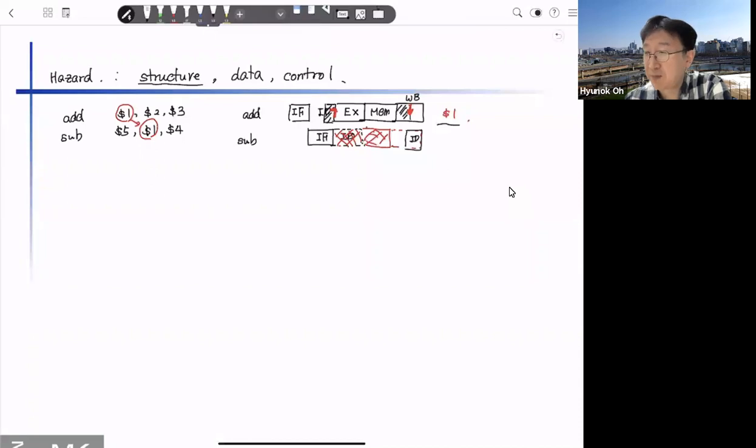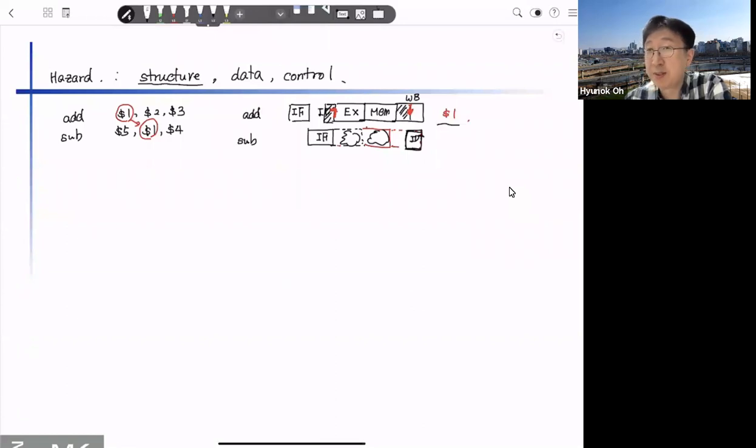There is no half cycle, right? Everything is an integer cycle. So how many bubbles do we have to add? We insert one bubble, another bubble.